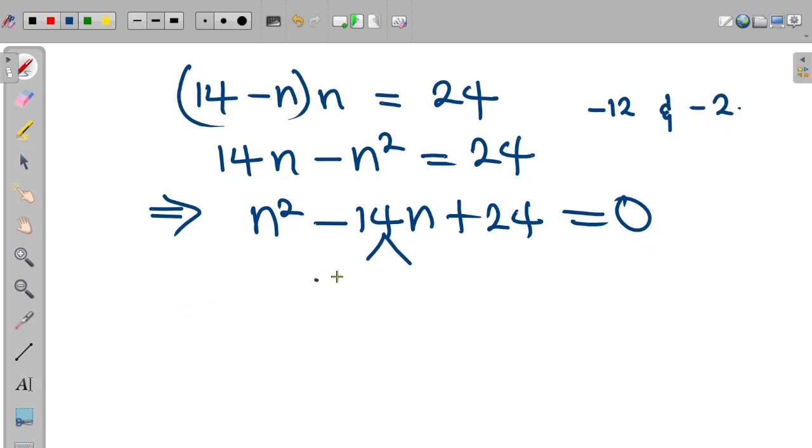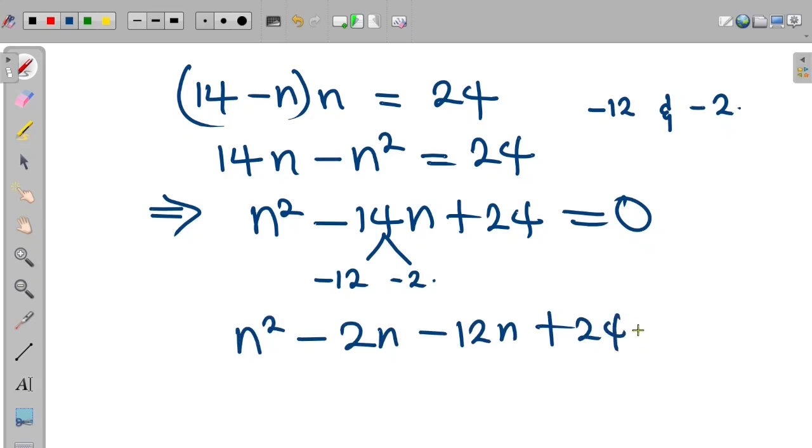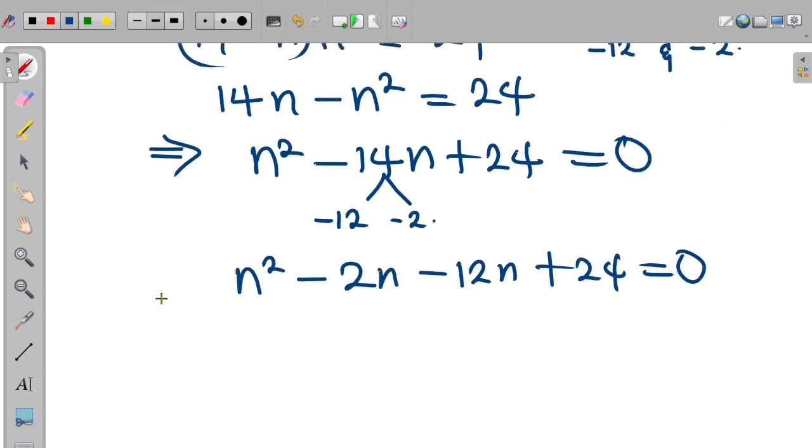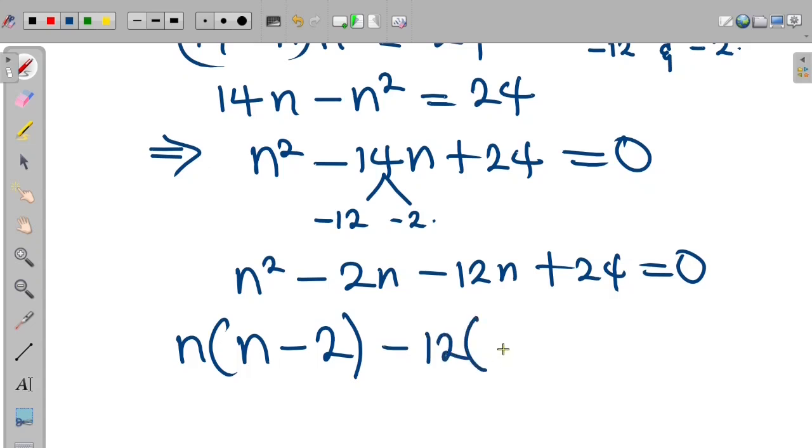So this becomes n squared minus 2n minus 12n plus 24 equal to 0. So if we group them, this becomes n, open bracket, n minus 2, minus 12, open bracket, n minus 2 equal to 0.